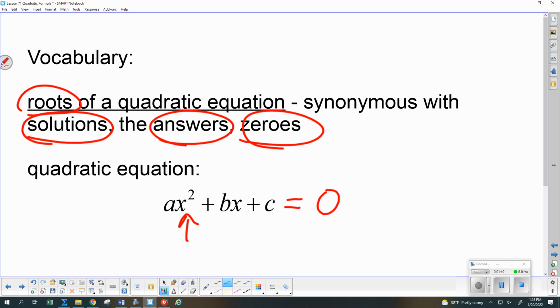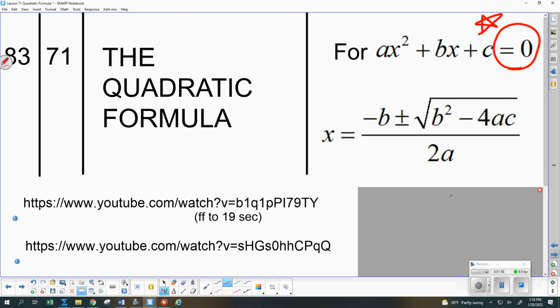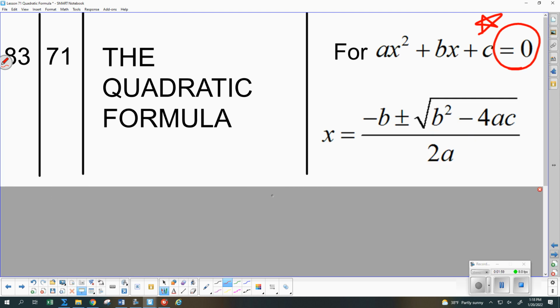But my opinion is it is much, much, much, much, much easier than completing the square. So you must have it equal to 0 or the quadratic formula does not work. And then the quadratic formula says x is the opposite of b plus or minus the square root of b squared minus 4ac all over 2a.